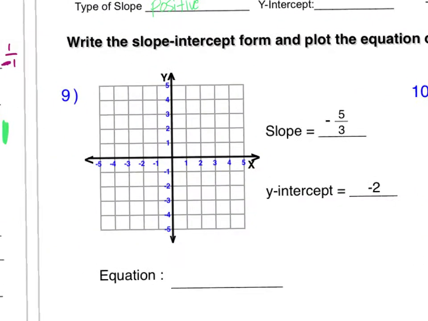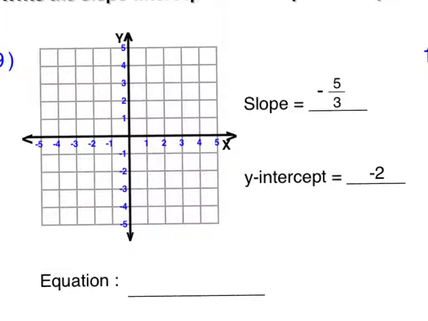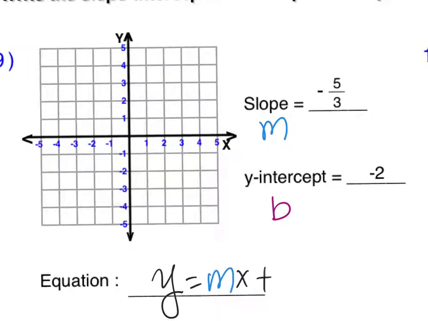This one right here was a special problem, because can you create an equation? If I give you a slope m and an intercept b, can you put it together in an equation? y equals mx plus or minus b. So let's go ahead and replace. What is your slope?